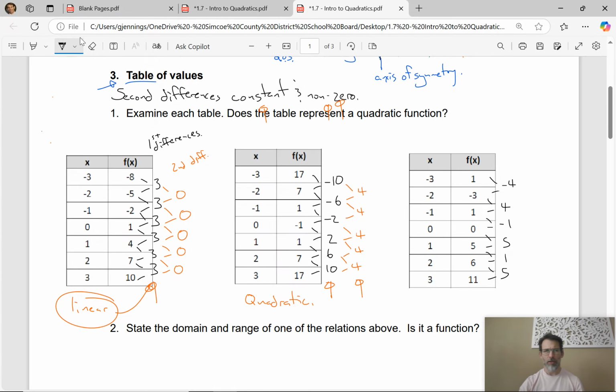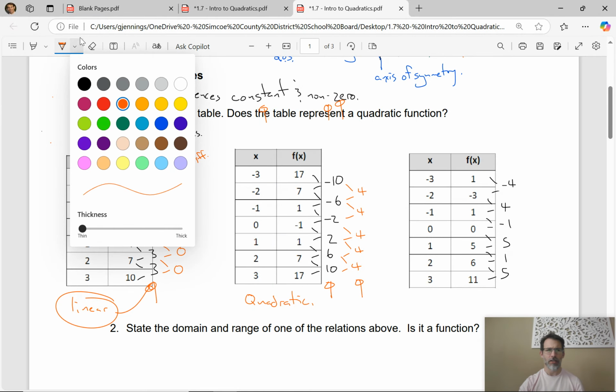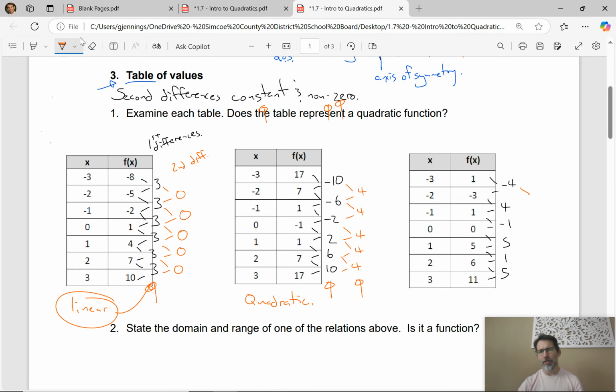Ooh, wow. Let's investigate our second differences and see what we get. Minus 4 to 4, that got bigger by 8. 4 to minus 1, that got smaller by 5. Minus 1 to 5, that got bigger by 6. 5 to 1, that got smaller by 4. 1 to 5, that got bigger by 4. This is all over the place.